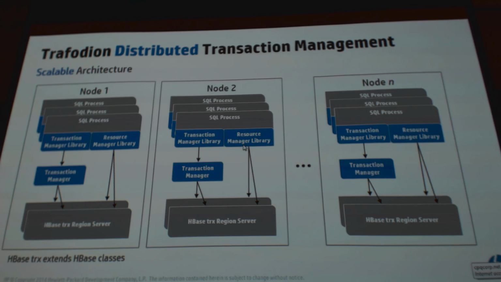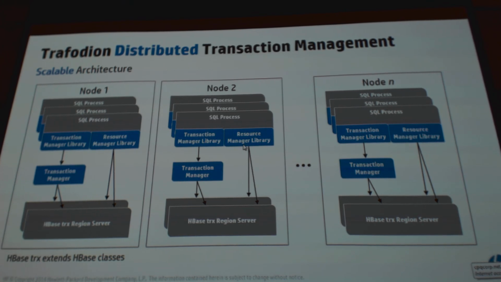You have the resource manager library. This does the get, put, delete, and scan or the scanner, essentially implementations, but they are the transactional implementations of those. And those go against the HBase TRX region server.